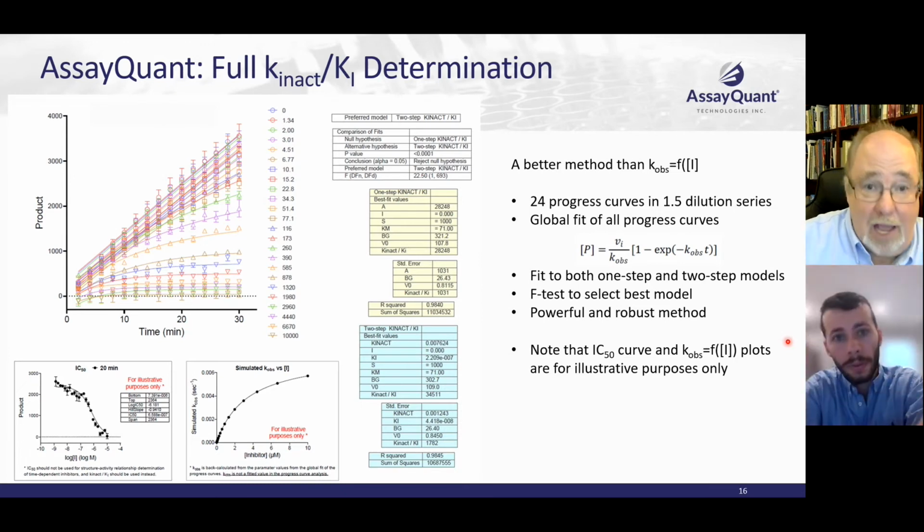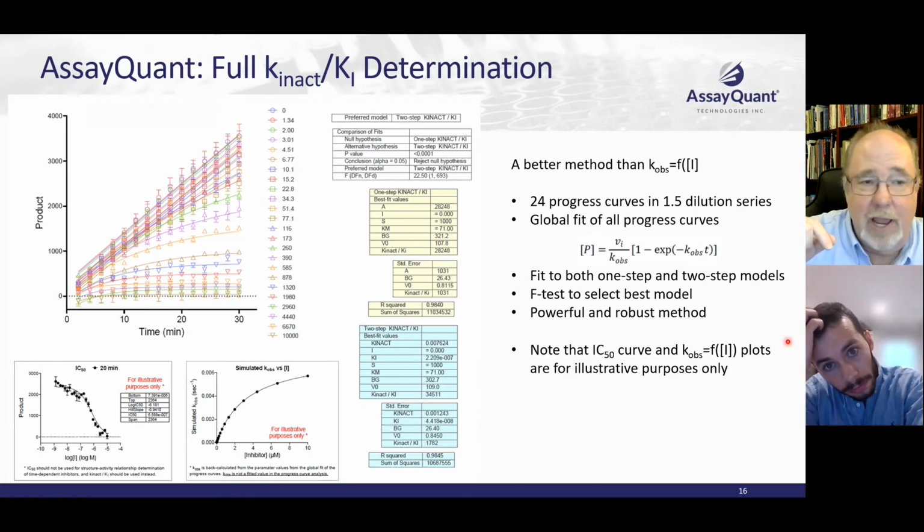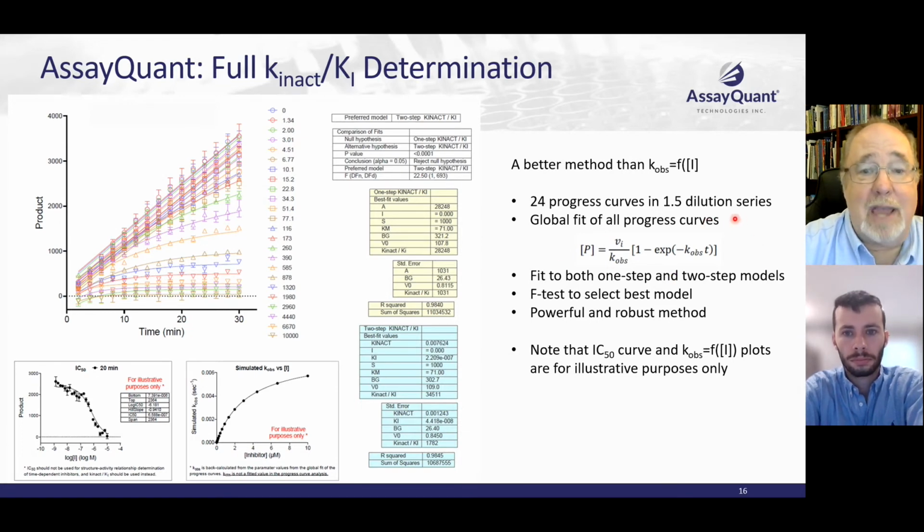What we do is we do lots of progress curves, 24 of them, with a dilution series that's 1.5-fold, not 3-fold. And then we do a global fit all the way down to this equation, which I introduced to you before. And then we actually fit this to both one-step and to two-step models, as I described before.